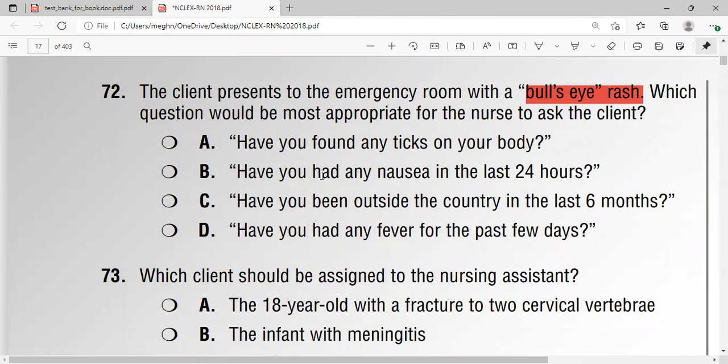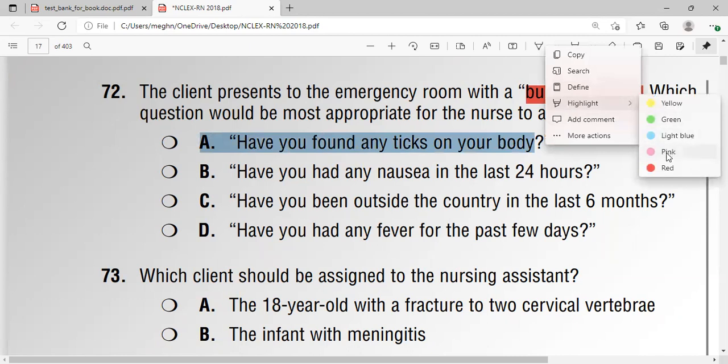B, have you had any nausea in the last 24 hours? C, have you been outside the country in the last 6 months? D, have you had any fever for the past few days? The correct answer is number A.